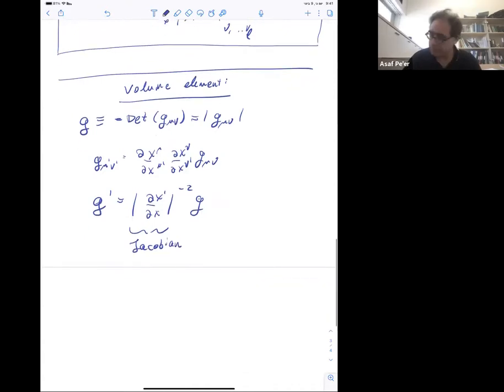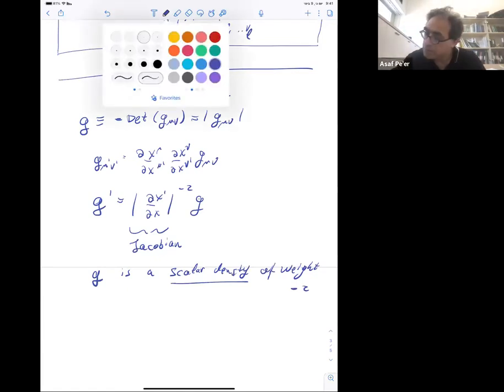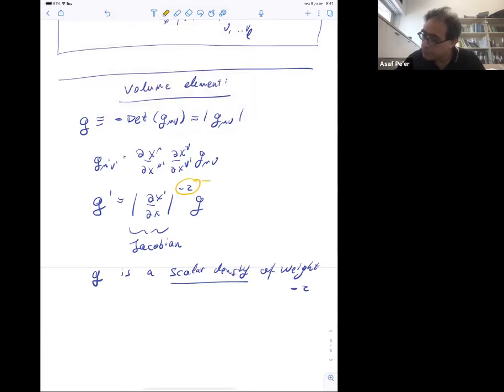So G is a scalar density of weight minus 2. This is the weight. The number here is the weight.